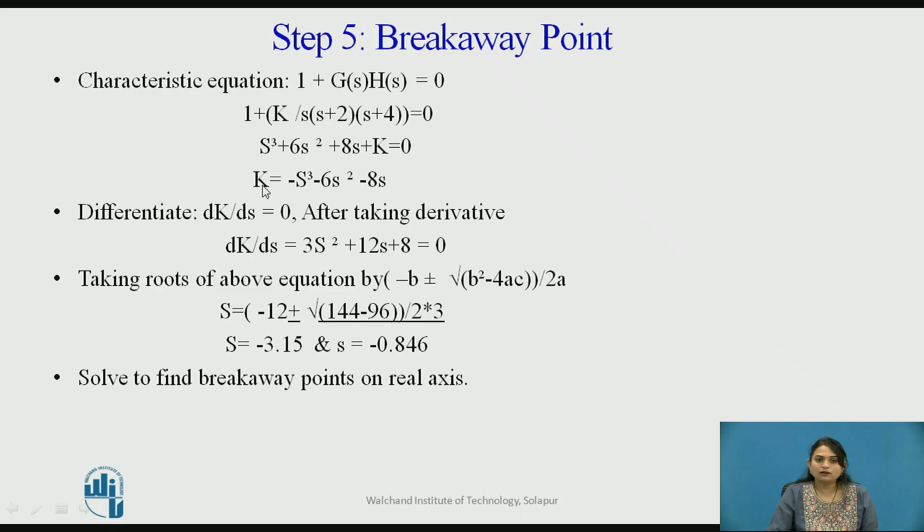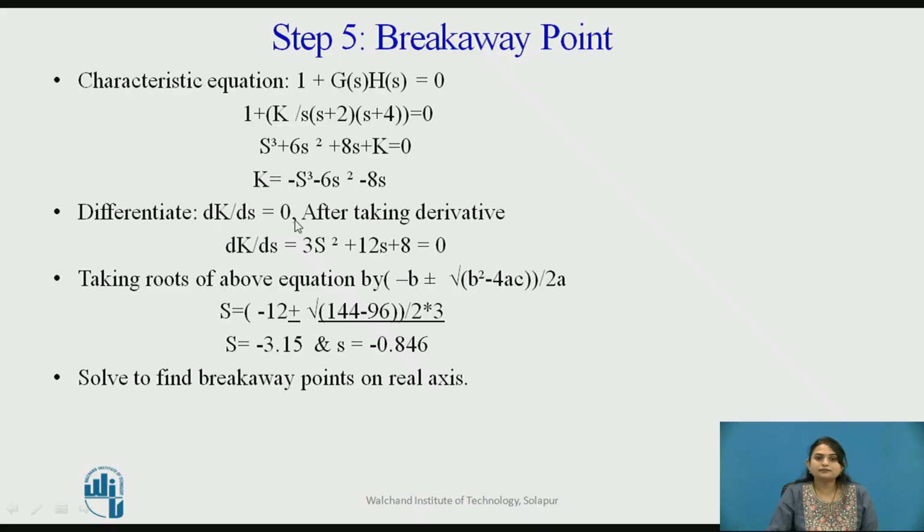Keeping K on the left-hand side, K is equal to minus s cube minus 6s square minus 8s. To calculate the breakaway point, we differentiate K with respect to s.